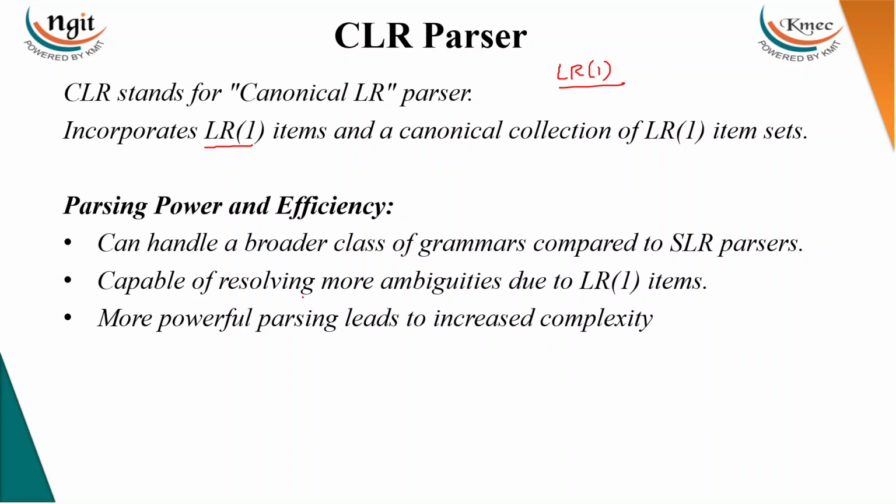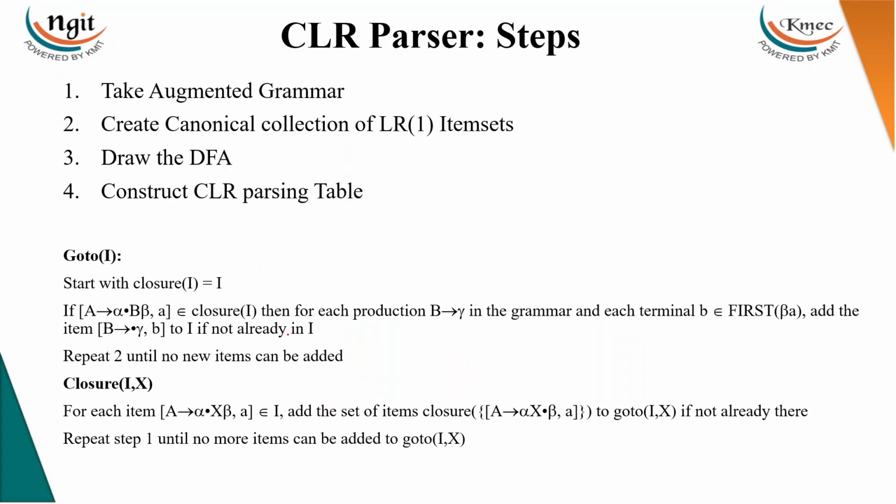Sometimes we can remove ambiguities due to LR1 items, and it is more powerful compared to all others. Step 1 is the same as SLR1, take the augmented grammar. Step 3 is also the same, draw the DFA. Step 4 is also the same, construct the table. Shift action is the same, accept is the same, goto is the same, only reduce would be different.